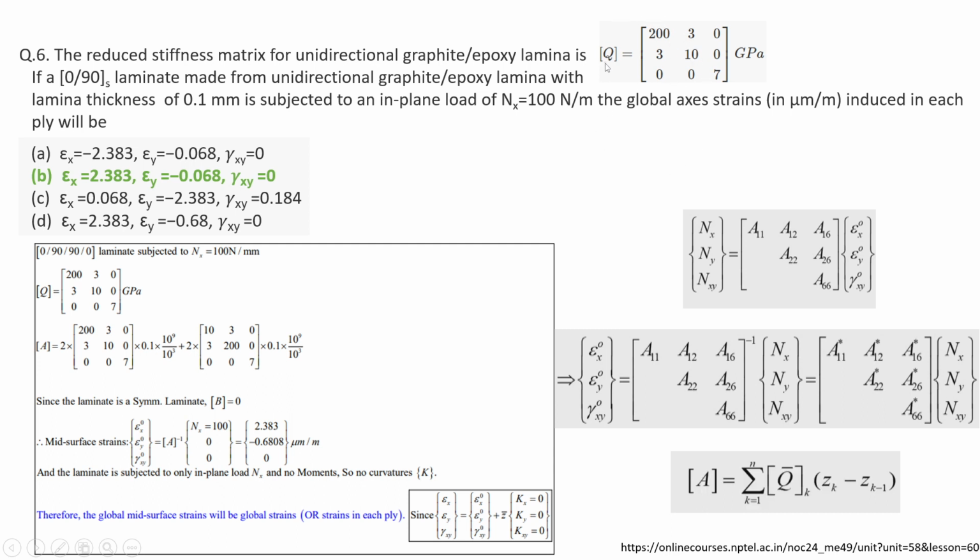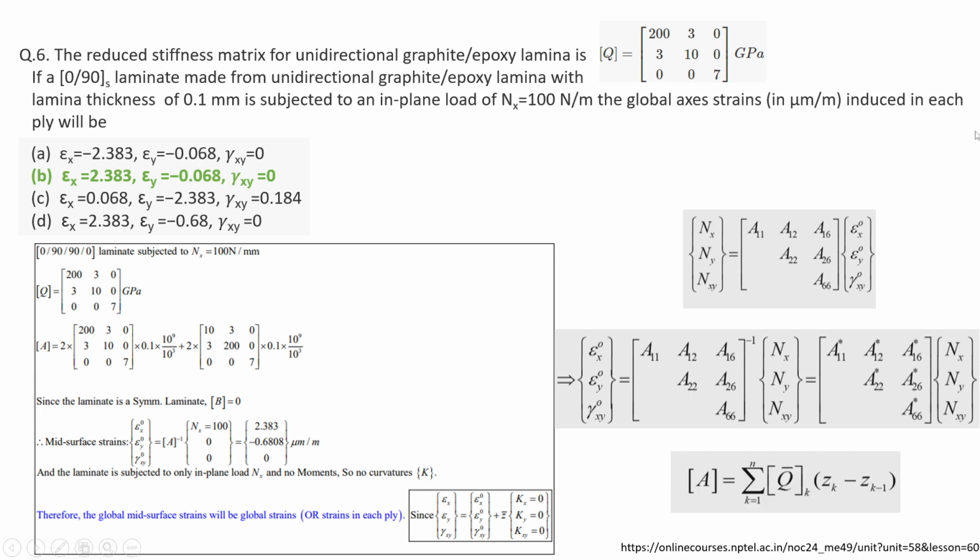So if for 0 degree this is the reduced stiffness matrix, then for 90 degree, in place of 200 it will be 10, and in place of 10 it will be 200. But this shortcut is only for converting 0 to 90. For different angles, we have to use the equations required for changing all the components of this reduced stiffness matrix.